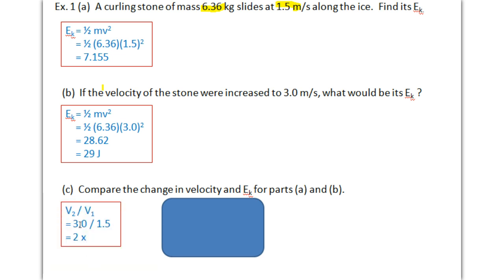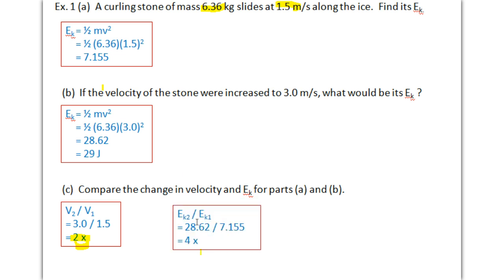So initially the velocity went to 3 meters per second. The initial velocity was 1.5, so it was a doubling of the velocity. And by doubling the velocity, what happened to the kinetic energy? Your kinetic energy was 28.62.